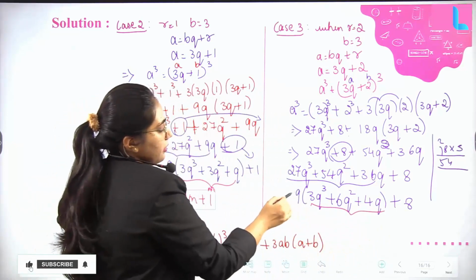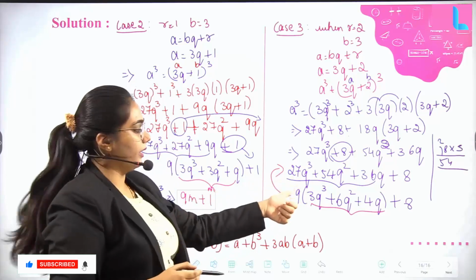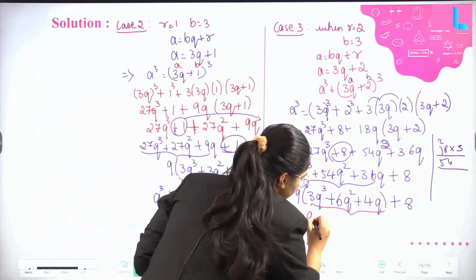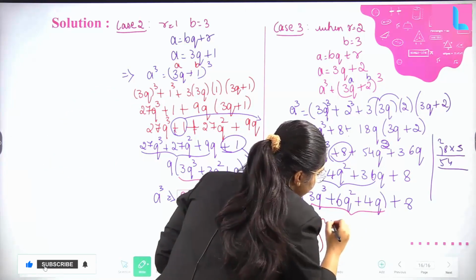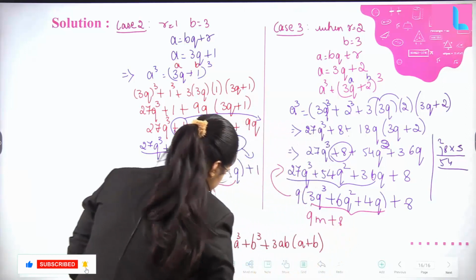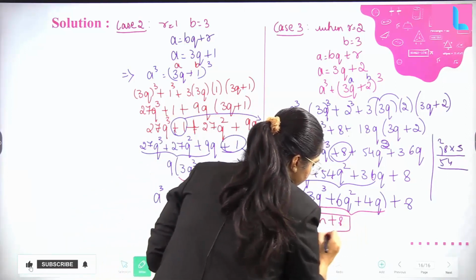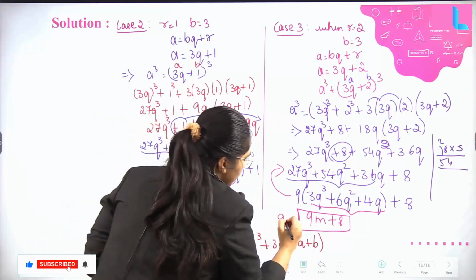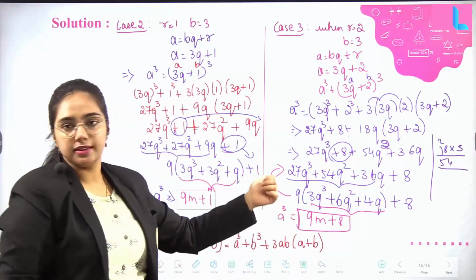If you multiply this thing, you can go back to this equation here. For us to simplify, this whole thing can be considered as m plus 8. a³ is equal to 9m plus 8.